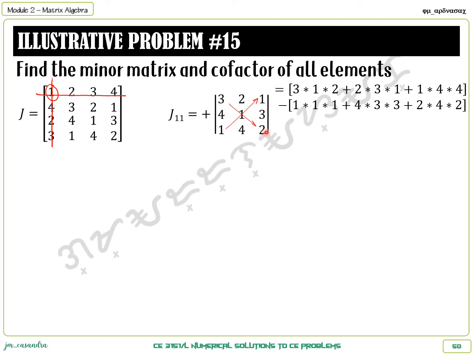Then we have 2 times 4 times 2. So if we're going to simplify, we'll now arrive at 6 plus 6 plus 16 minus 1 plus 36 plus 16. So the cofactor value of the first element of matrix J is equal to negative 25. And we have here the positive sign. So our answer will be this one. So positive times negative 25.